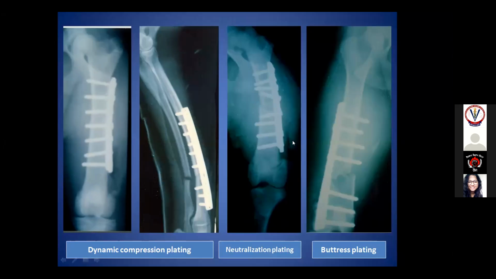The plate is the same, but the usage is different. Because here there is a huge loss at the fracture site, we are neither using it as compression nor as neutralization. We are using it as bridging. Okay? So the same plate is put to different uses like compression, neutralization, and bridging.